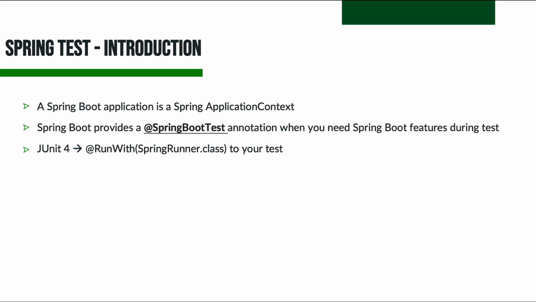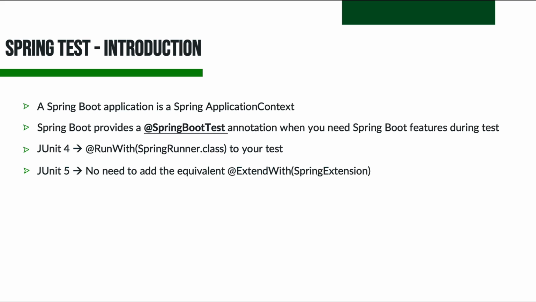In case you are using JUnit 4, you need to add the annotation @RunWith(SpringRunner.class) to your test, otherwise the annotation will be ignored. If you are using JUnit 5, there is no need to add the equivalent @ExtendWith(SpringExtension.class), as the other annotations are already included within @SpringBootTest.